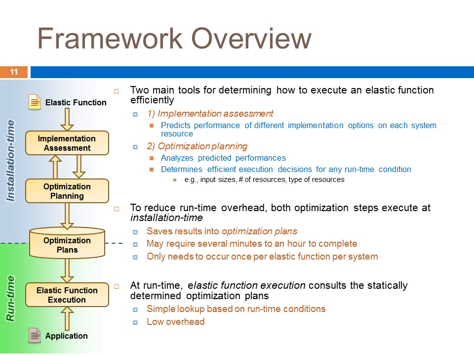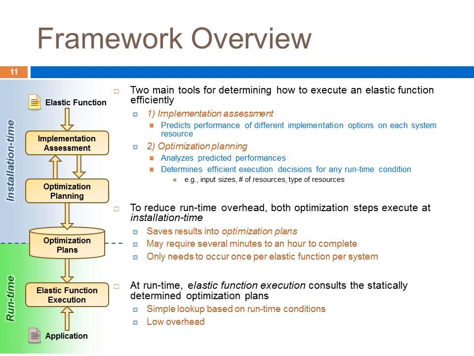And what this does is basically it analyzes the predicted performances and performs a huge design space exploration in order to determine an efficient execution decision, or in other words, an effective plan for executing a function for any runtime condition. So for any input size, for any number of resources, for any type of resource, optimization planning is going to create a plan for that situation.